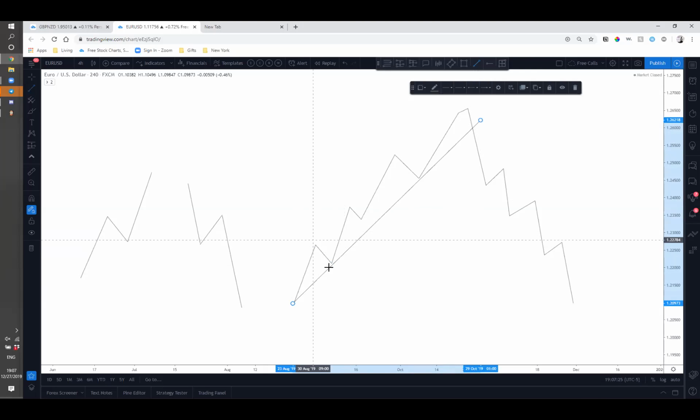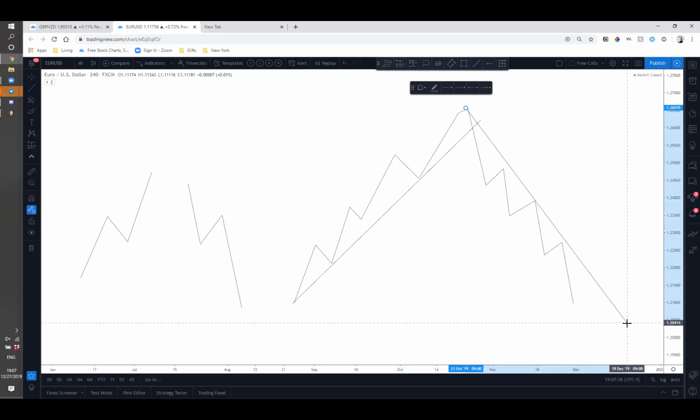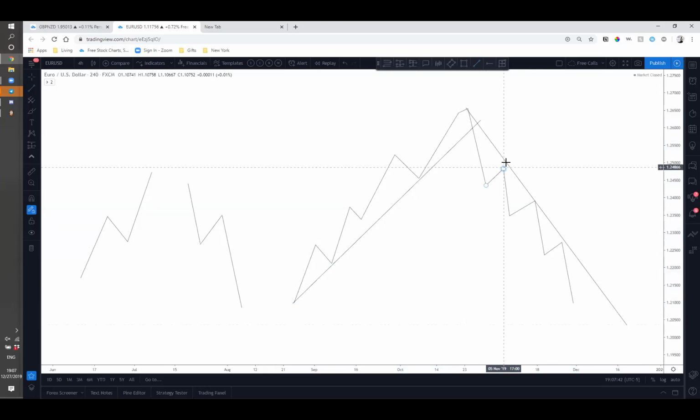Perfect. Impulse up, correction, impulse up, correct it down, impulse up, correct to the trend line, you could have bought the trend line. And then it broke this trend line impulsively, right? And it created a new downtrend, just like this. Got an impulse down, correction here, impulse down, another correction, impulse down, correction.